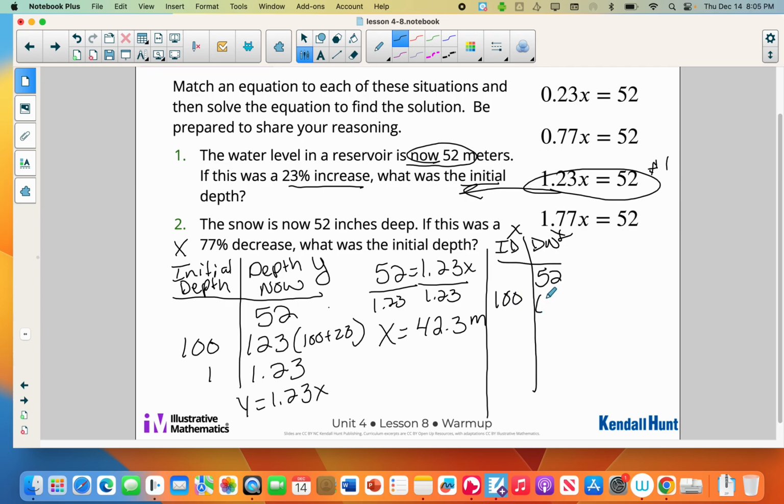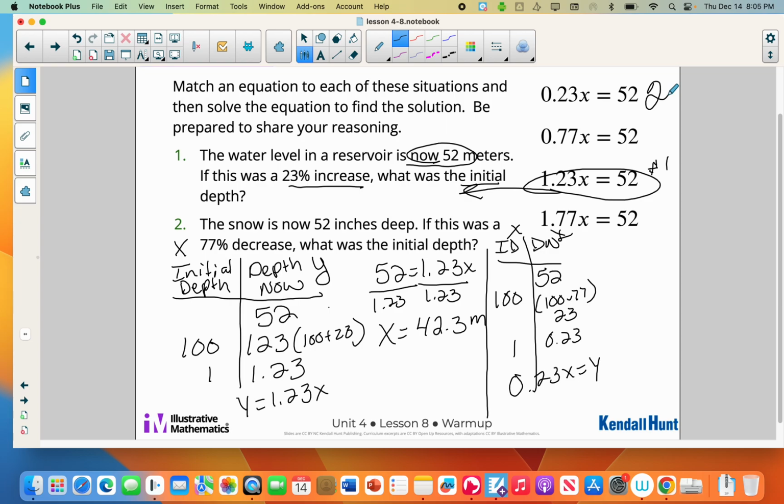It's a decrease, so I'm going to do 100 minus 77, which is 23. So my constant of proportionality is 23 hundredths, which gives me the equation 23 hundredths x equals y. So that's the top one.